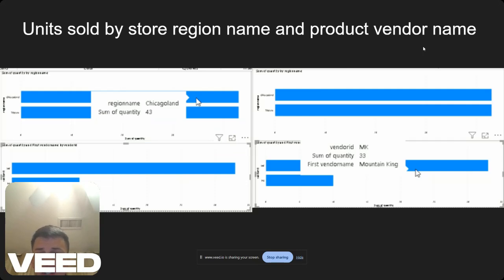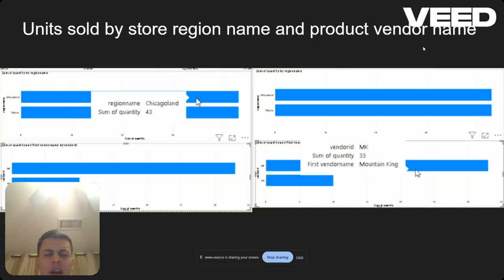Now, these visualizations identify the units sold by region name side by side with the units sold by vendor name. As you can see, the Mountain King vendor had a lot more success than the Pacific Gear vendor, while at the same time, the Chicagoland and tri-state area had an equal amount of success.